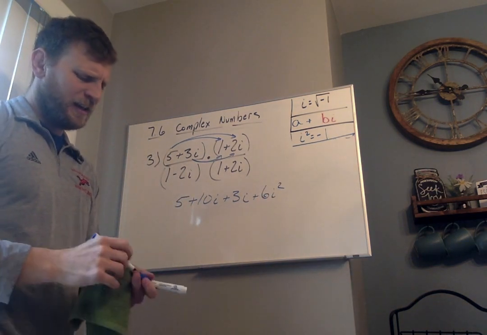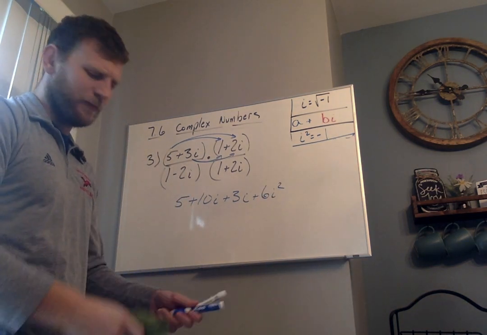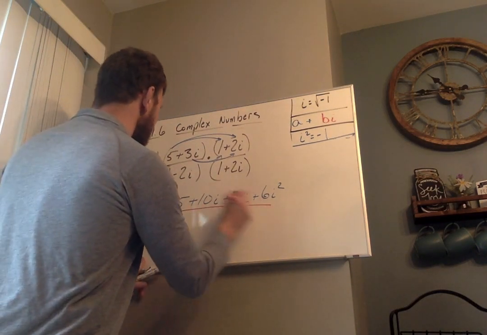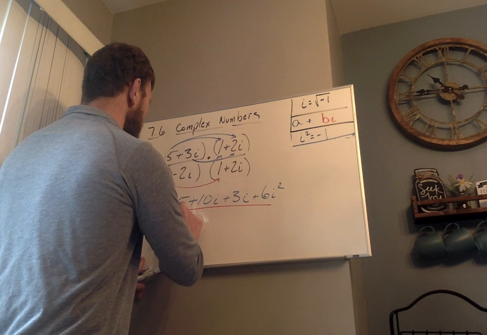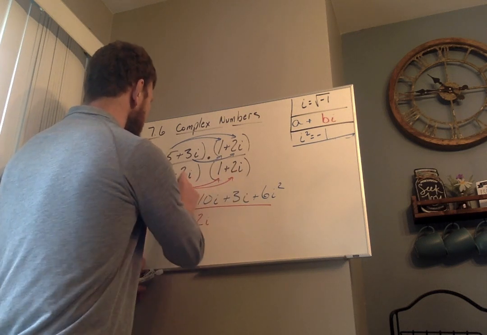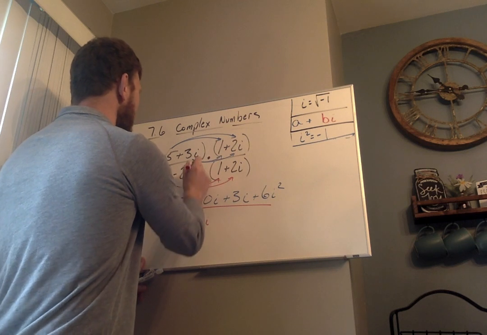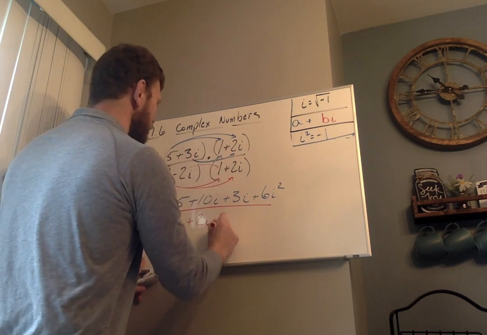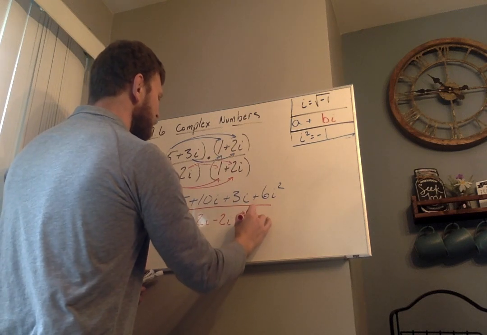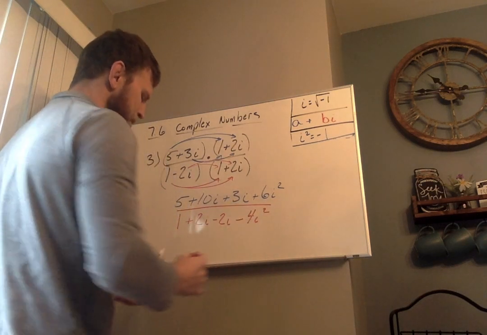Okay, I'm not trying to cut any corners, that's why I'm writing everything out for you. On bottom, I'll write that in red so you guys can see that. I have 1 plus 2i. Now I'm going to have minus 2i, and that's going to be minus 4i squared.